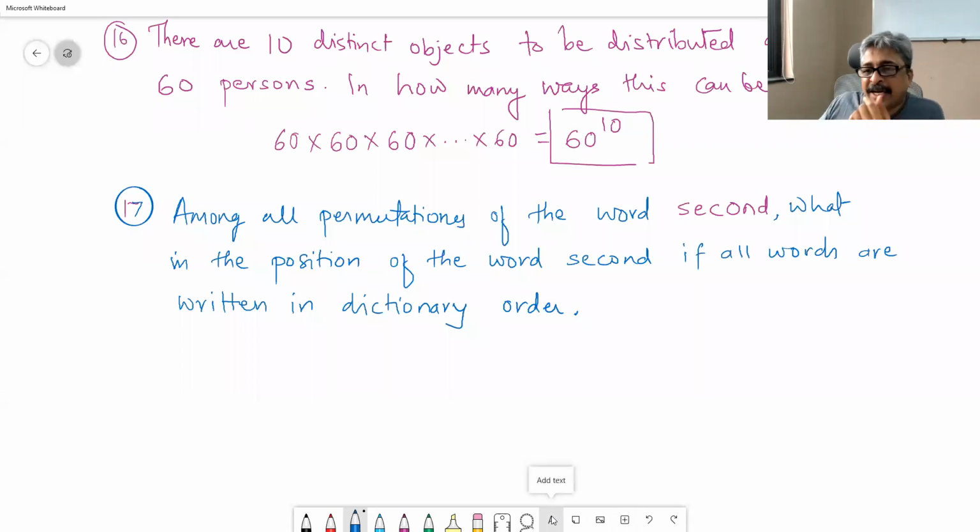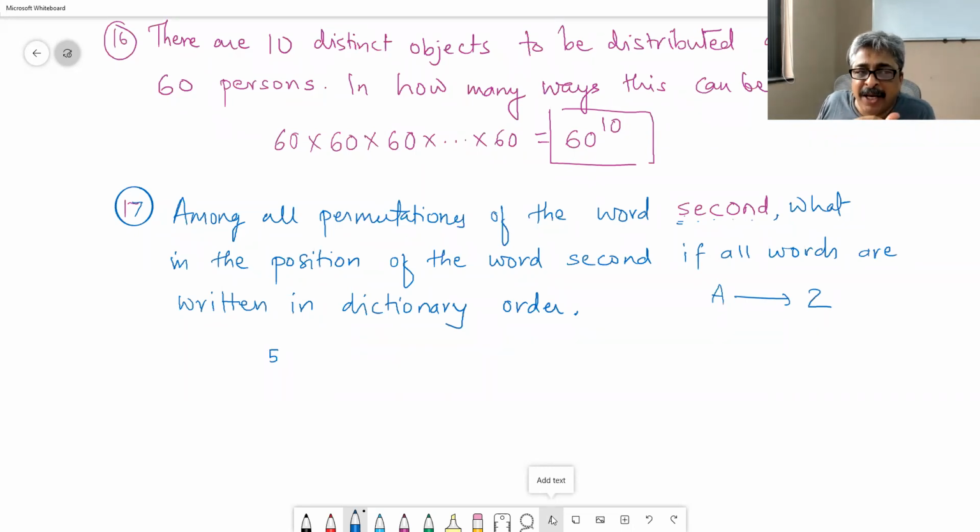Okay, now see, we have to find out in dictionary order, meaning from A to Z. We have to give priority to those letters. So as far as S is concerned, in this word, all others will come before S. So the first place can be occupied in 5 different ways.